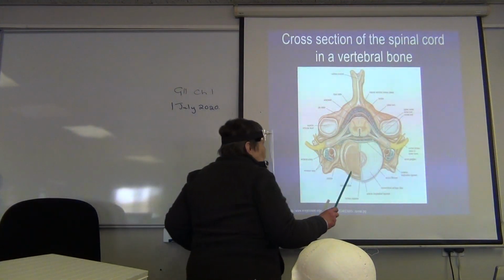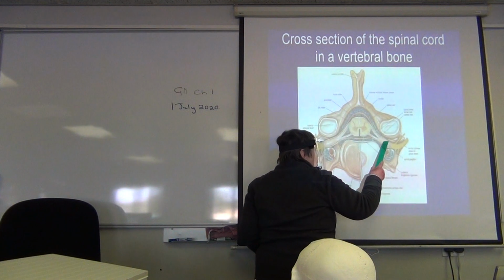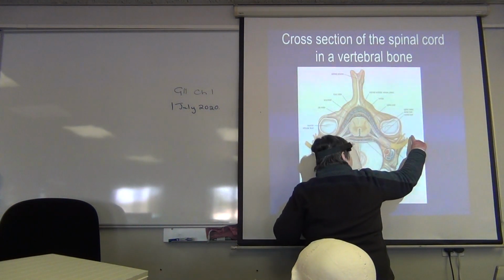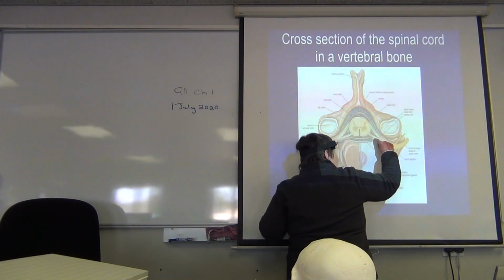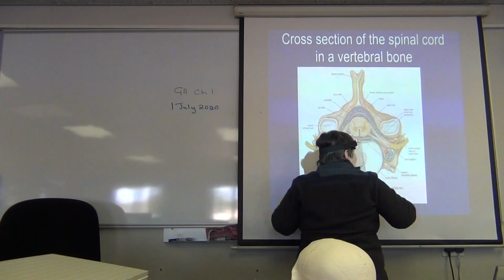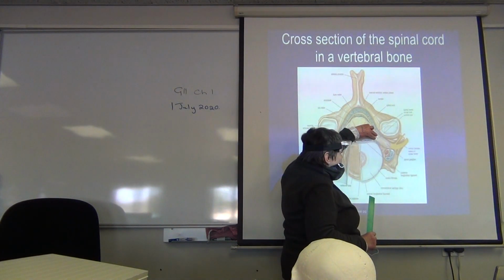So if you look at this spinal nerve here, this is a mixed nerve. It's got sensory neurons, which are unipolar, transmitting impulses in this direction, and it's got multipolar motor neurons transmitting impulses in that direction. And here, where it splits, it becomes a single-lane road.